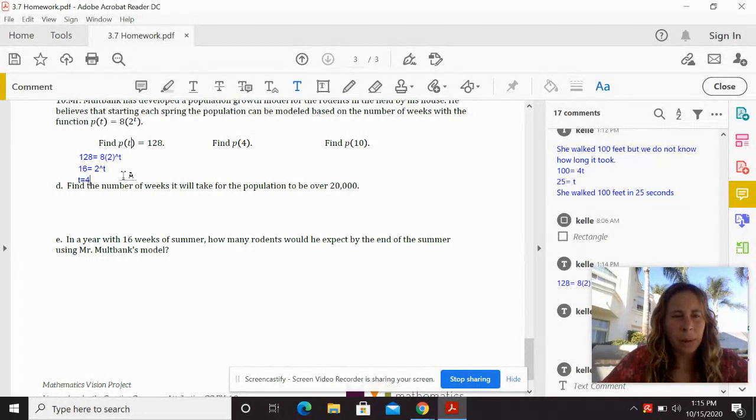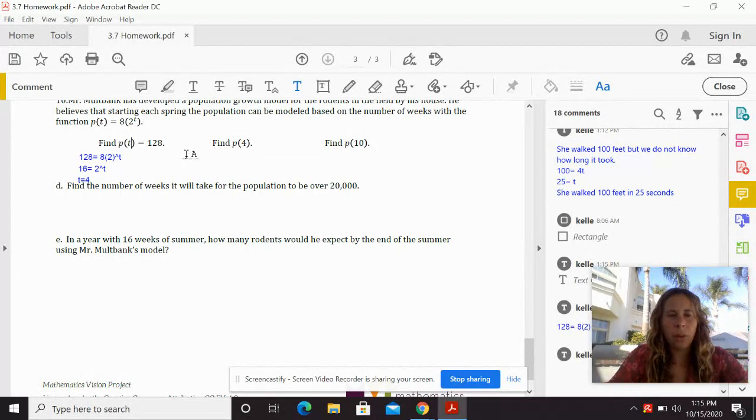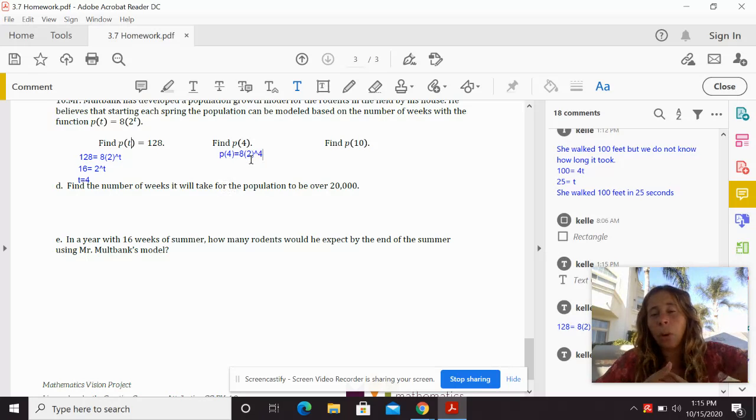I'm sure I'm going to be doing that one tomorrow in class. Okay, P of 4. This one's easier. You just substitute 4 in for t. So you have P of 4, and that's going to be equal to 8 times 2 to the 4th power. Okay. Do your exponent first. Do you remember PEMDAS?